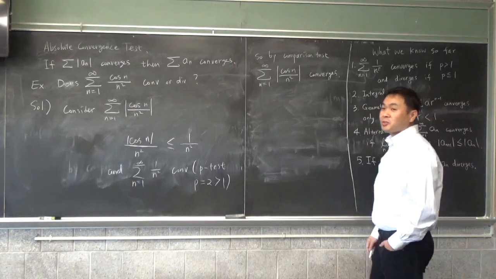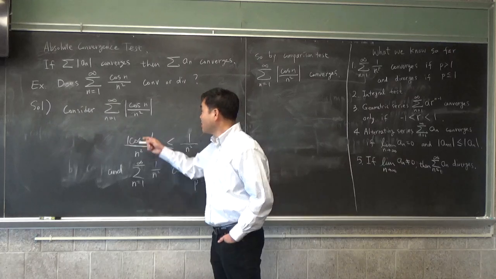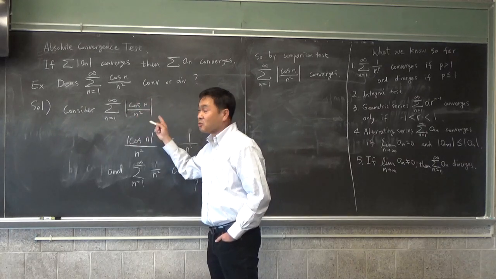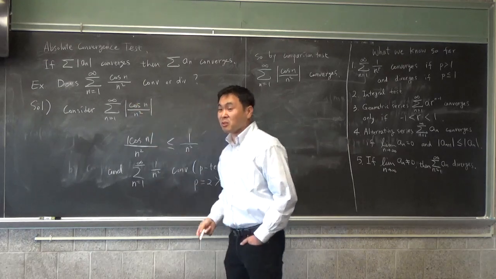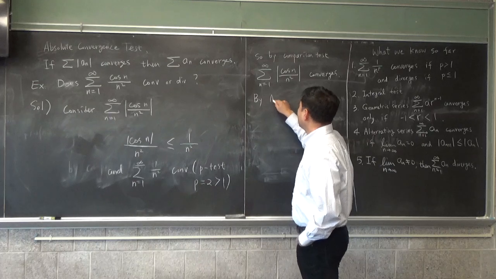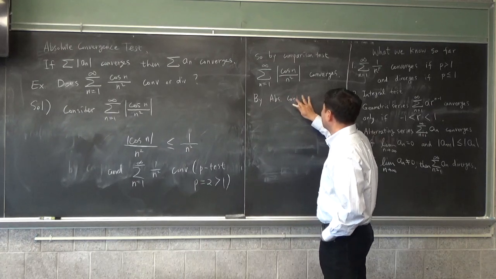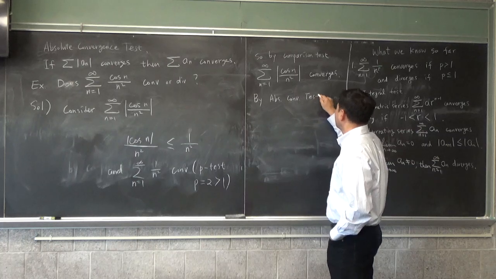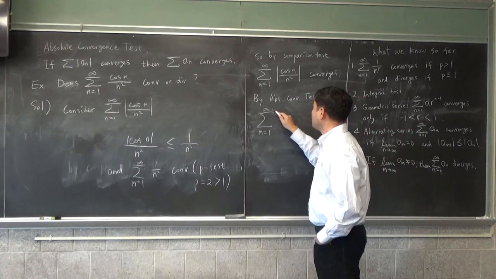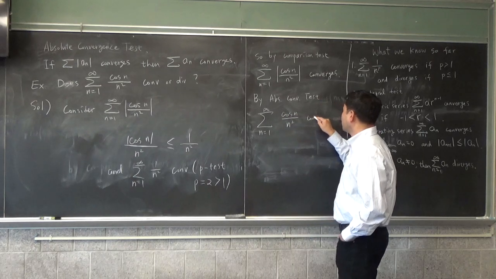But then the absolute convergence test says if the version that has absolute value converges, then the one without the absolute value converges as well. By the absolute convergence test, sigma n equals 1 through infinity of cosine n over n squared converges.